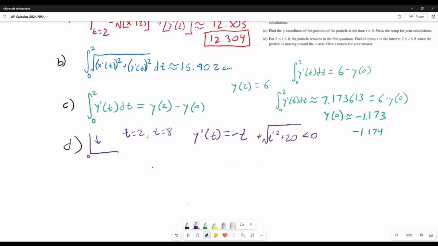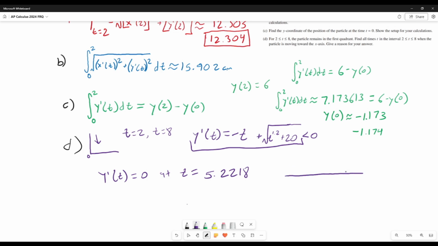This is a question where a graphing calculator is required, so you can plug this whole function into your calculator and find that y prime of t equals 0 at t equals approximately 5.2218.